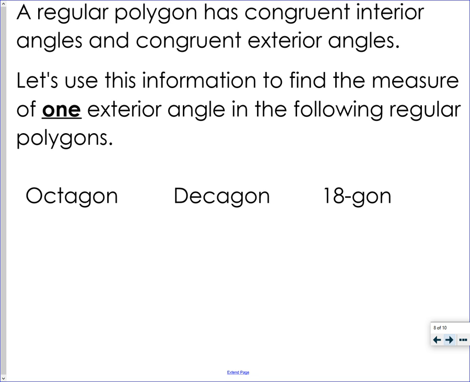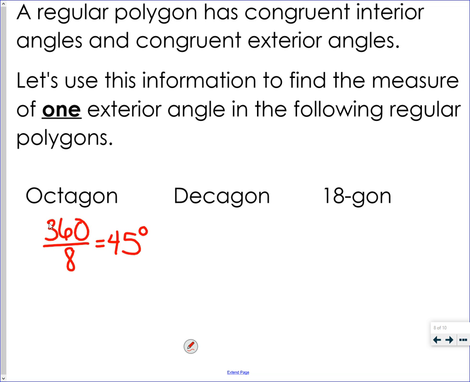So if I have an octagon, which we know is 8 sides, I know that the exterior angle sum is 360 degrees, and I'm going to divide it by 8 to figure out how much one exterior angle will be, and I believe that's 45, but let me just check that with my handy calculator. That is 45 for the exterior angle.